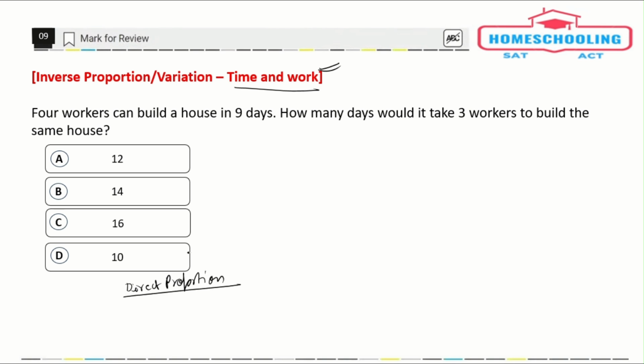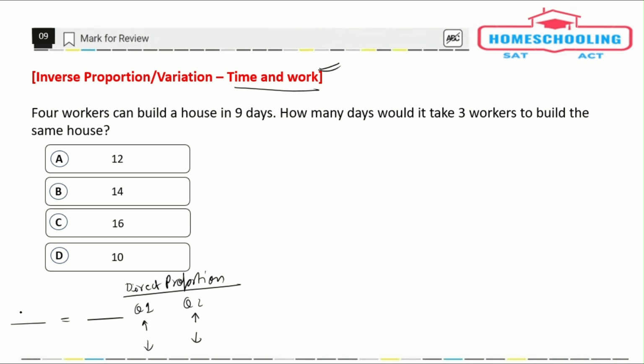As we have read in the basics, if there are two quantities and quantity 1 increases in direct proportion, then quantity 2 also increases. But when one quantity decreases, the other quantity also decreases. And we represent it like this.